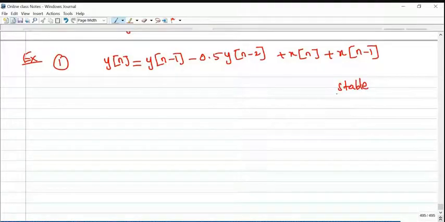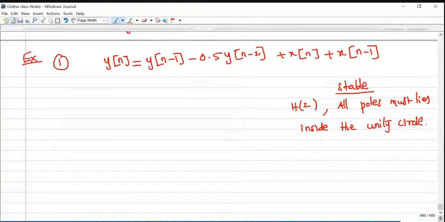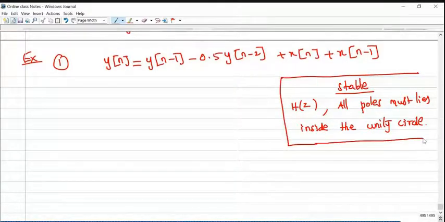Stable system. How to find out stability of the system with the help of Z transform. Please remember, find H(z) first, the transfer function. For the H(z), all poles must lie inside the unity circle. Inside the unity circle, then only the system is stable. Remember this hint.